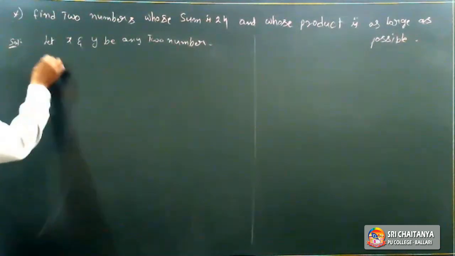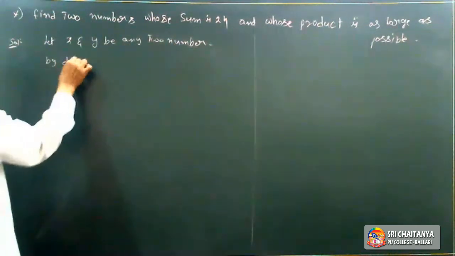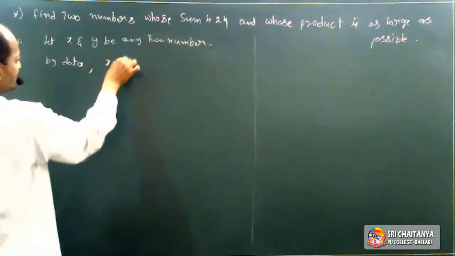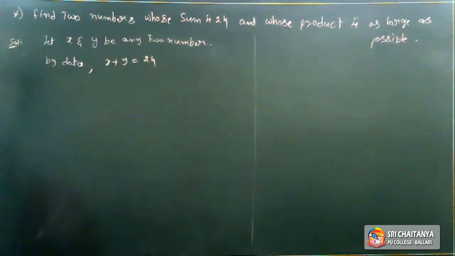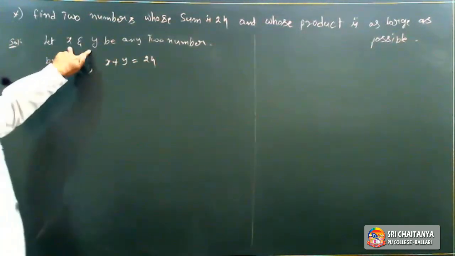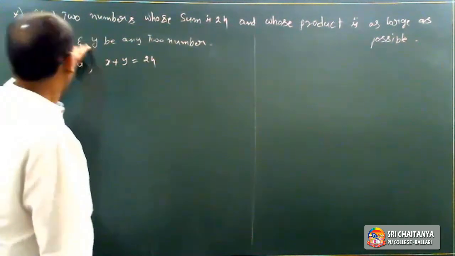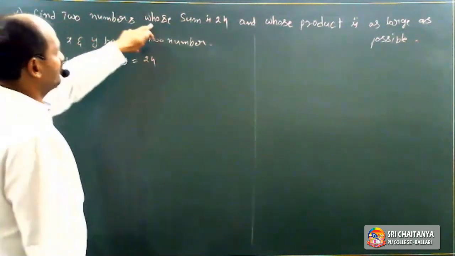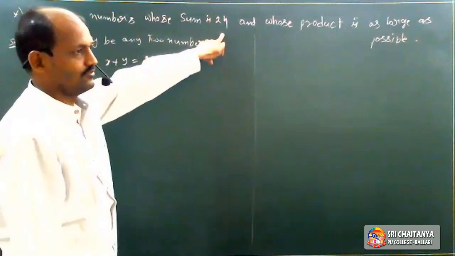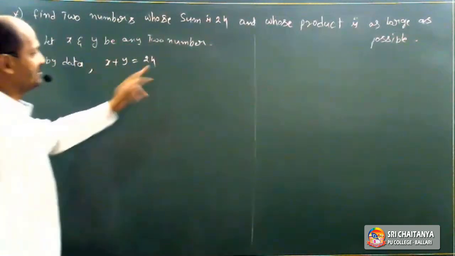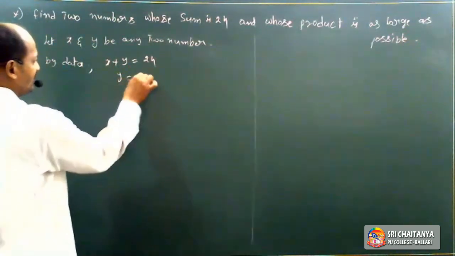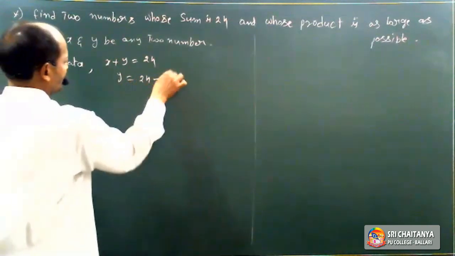Sum of two numbers means by data x plus y is equal to 24. So x plus y is equal to 24, that means y is equal to 24 minus x.